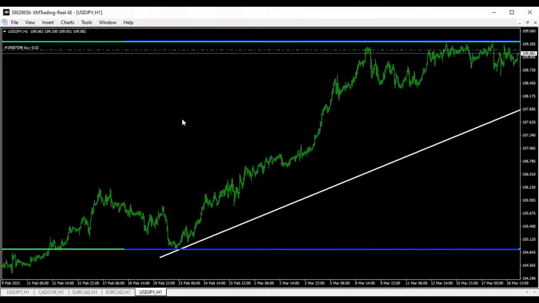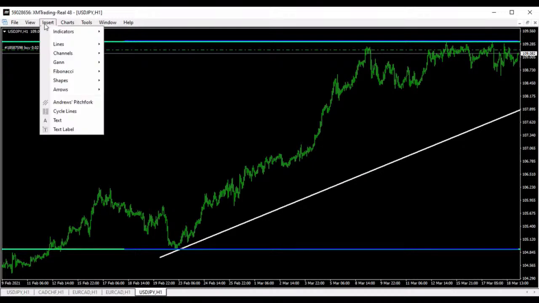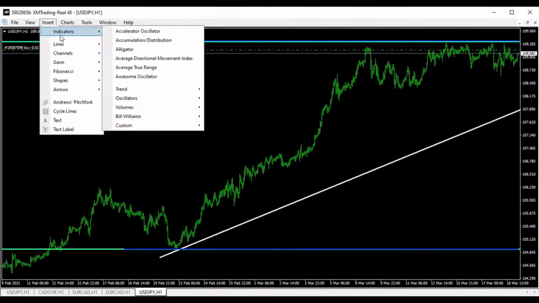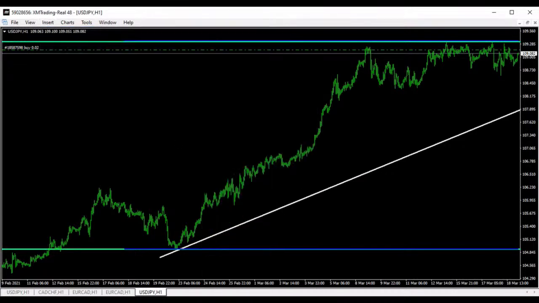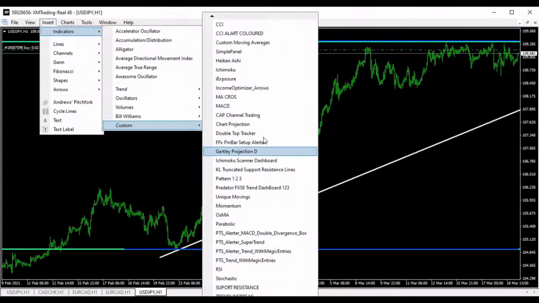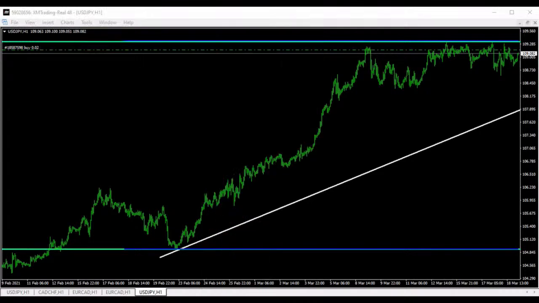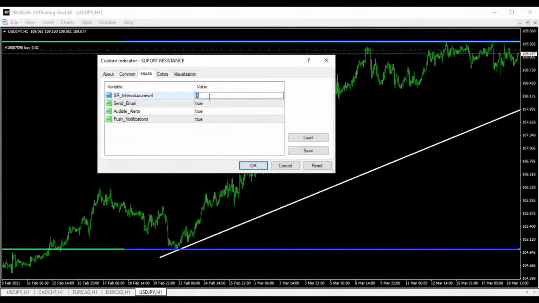Now what we're going to do is go and remove that support resistance line. I want to delete it. Okay, I deleted it, but it's not yet deleted. But I want to insert another support resistance of, let's say, in this case, 100.